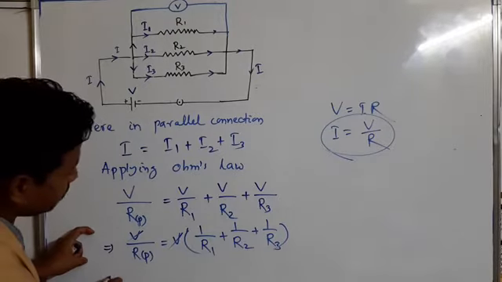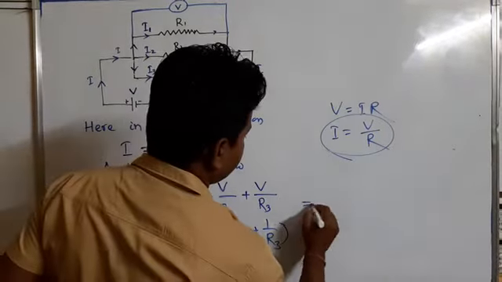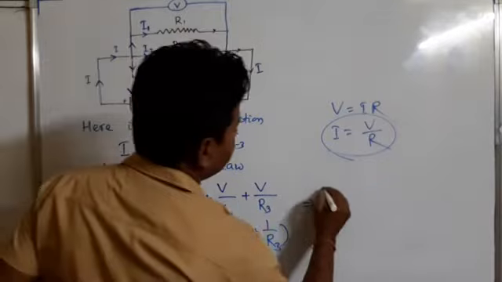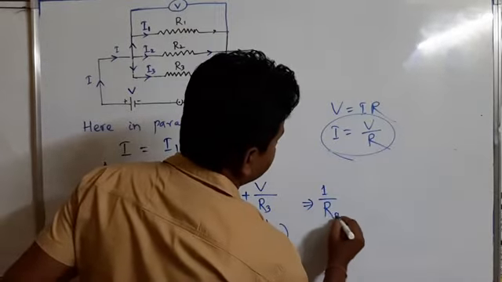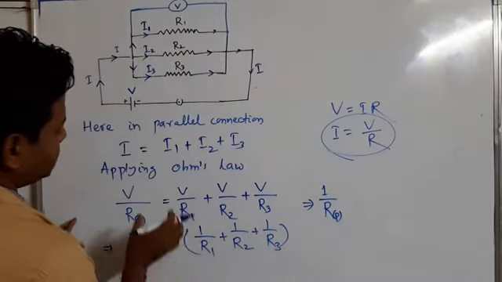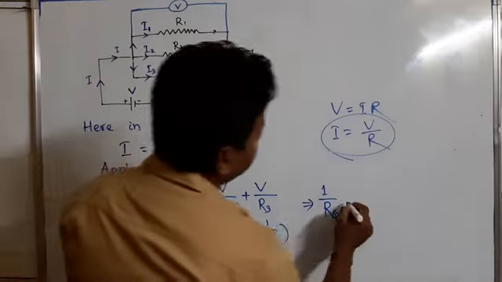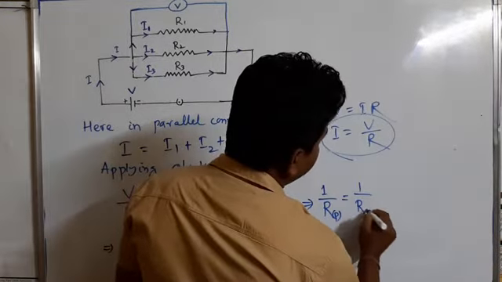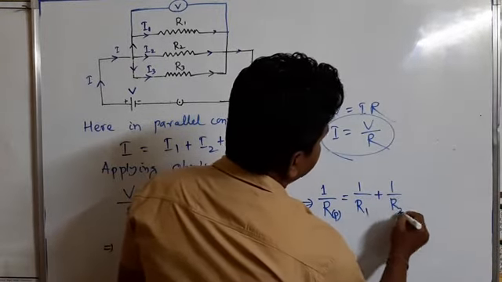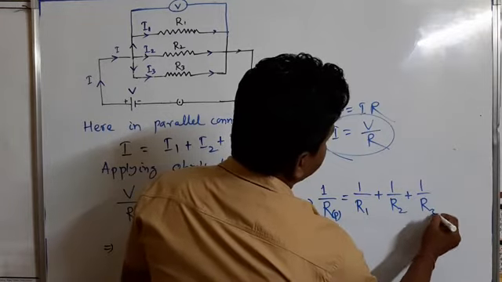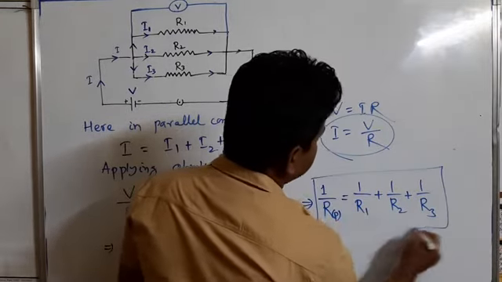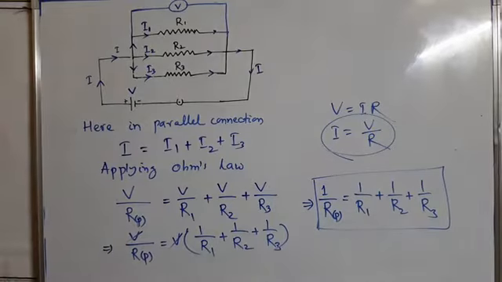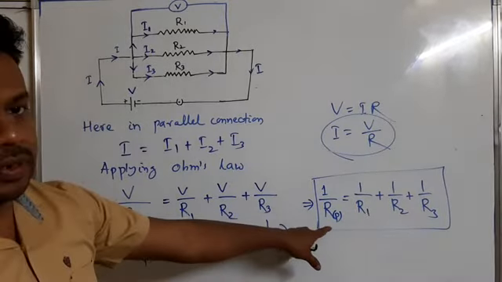So finally you will get 1 by Rp, where Rp is the total resistance of the parallel connection, equal to 1 by R1 plus 1 by R2 plus 1 by R3. So this is the formula. We can derive this one.